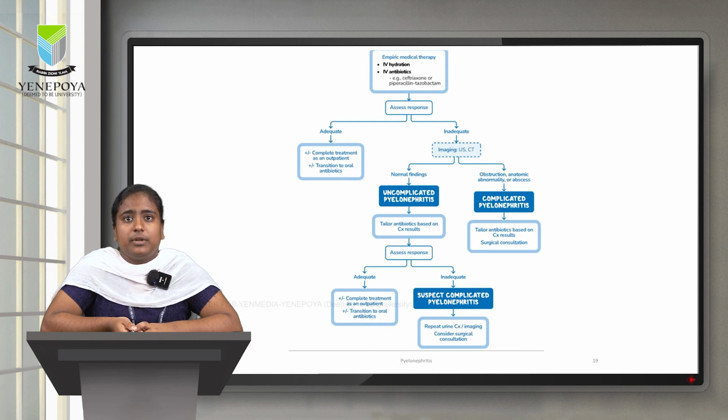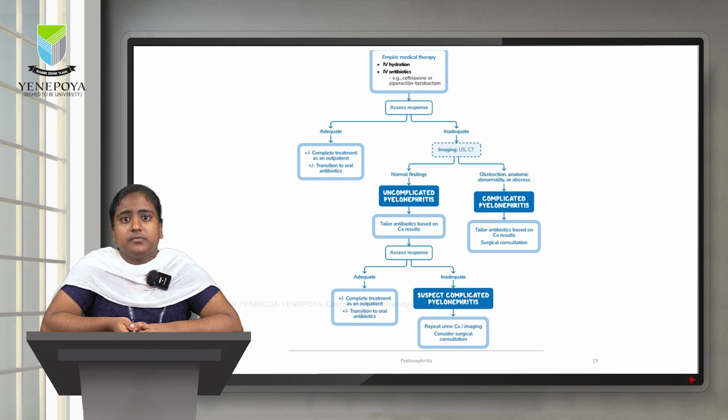If the findings are normal, that is uncomplicated pyelonephritis, then you tailor antibiotics based on culture results. If there is any obstruction, anatomic abnormality or abscess, that is complicated pyelonephritis; tailor antibiotics based on culture results, and you can obtain an opinion from the surgical department.